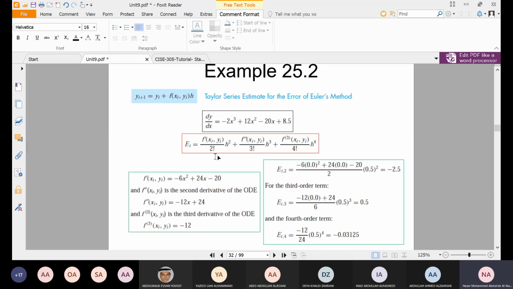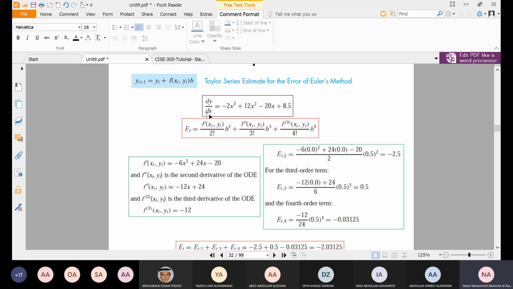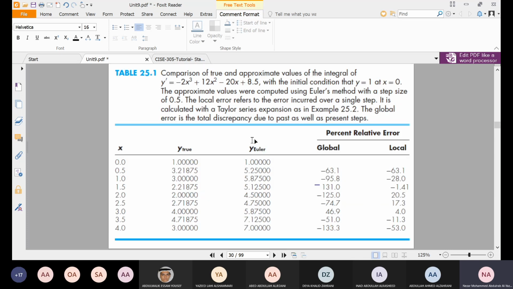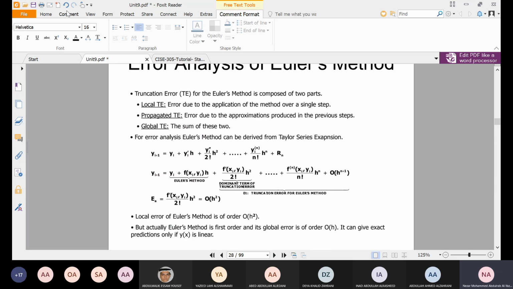So how can we estimate the error of the Taylor series, or the error of the method? If the first order derivative is given, then in this case we need to use the second derivative of the function. So this is the complete error. As we said, this is the error that I will cut.